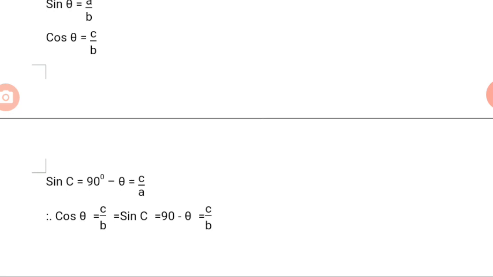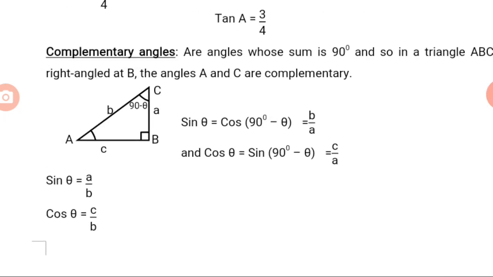Why is it that angle C is 90 degrees minus theta? Because angle A is theta. Is that clear? And we are told, from what I told you the other time, angle A and angle C are complementary. Both of them sum up to 90 degrees.